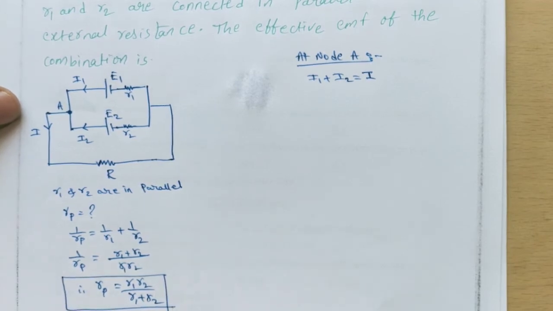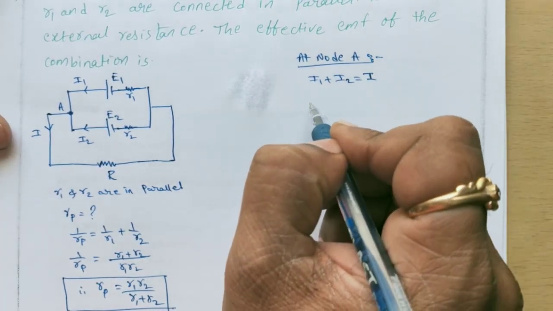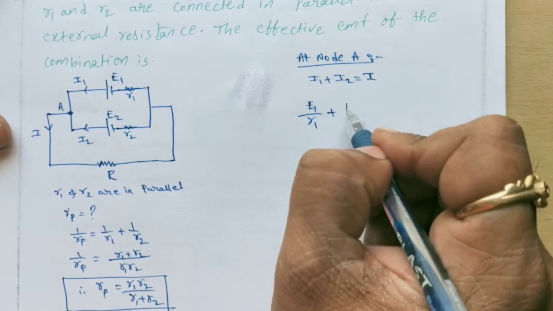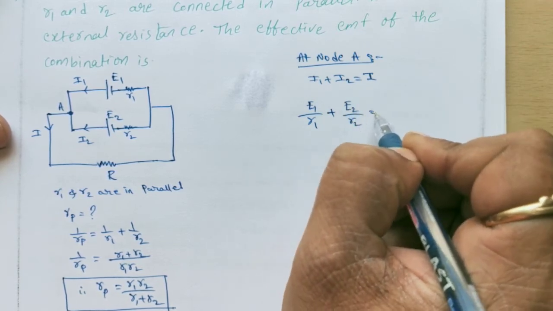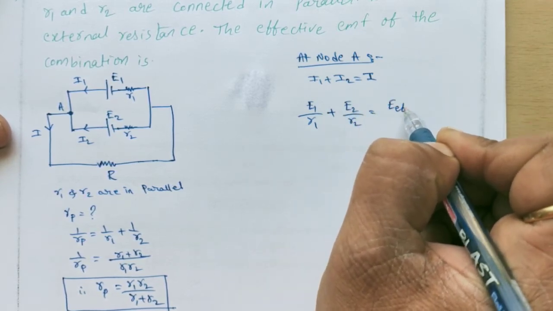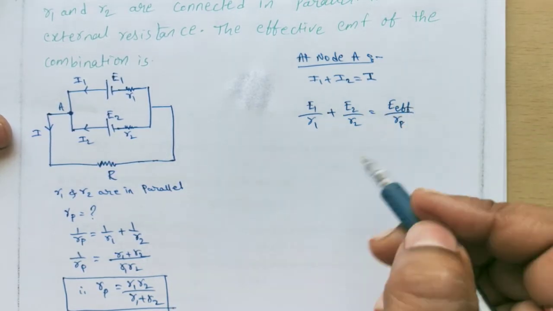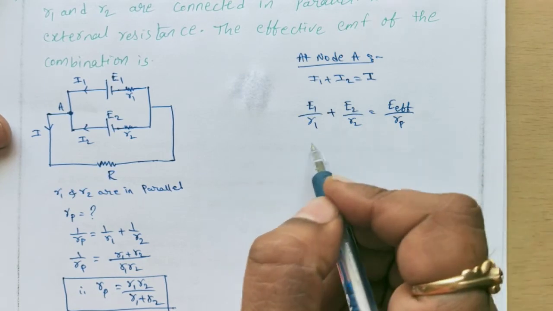So now observe students, by Ohm's law, I1 is equal to E1 divided by R1, and I2 we can represent as E2 divided by R2. This one is E effective divided by Rp. Okay students, just we can rearrange the things.